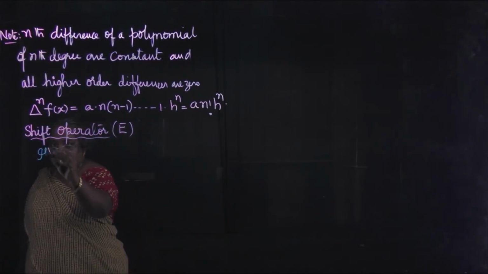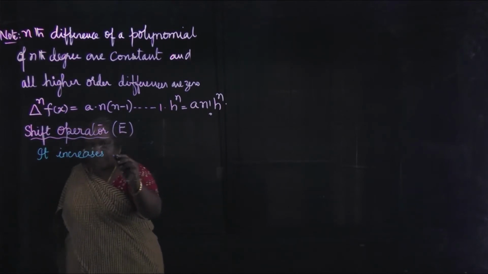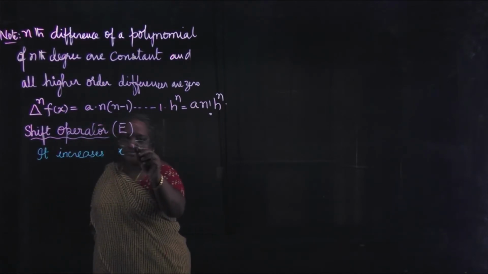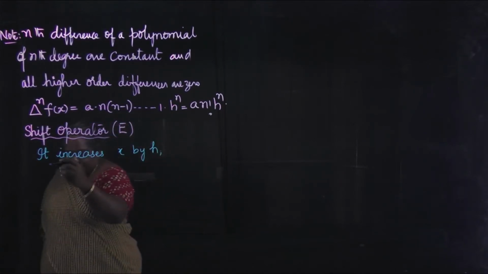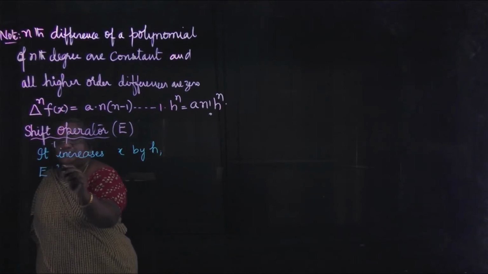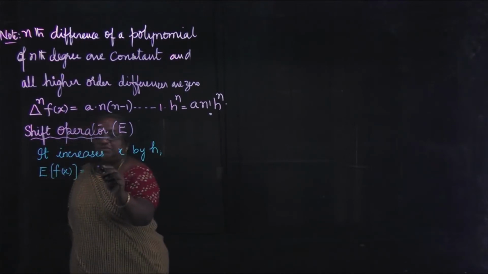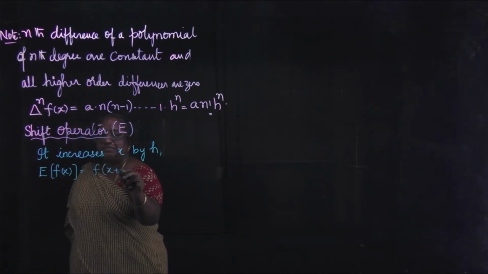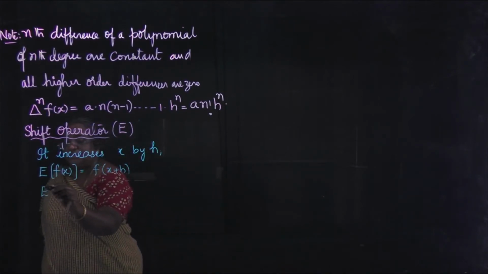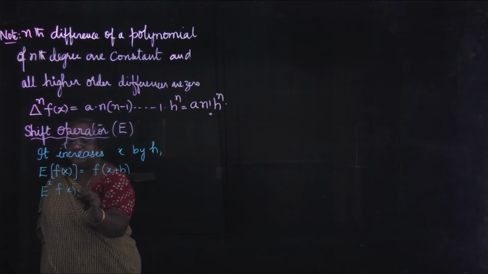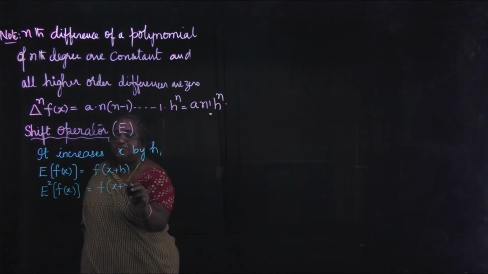So what do you have here? E of f of x increases by h, so this will be f of x plus h. Similarly, E square of f of x will be f of x plus 2h.